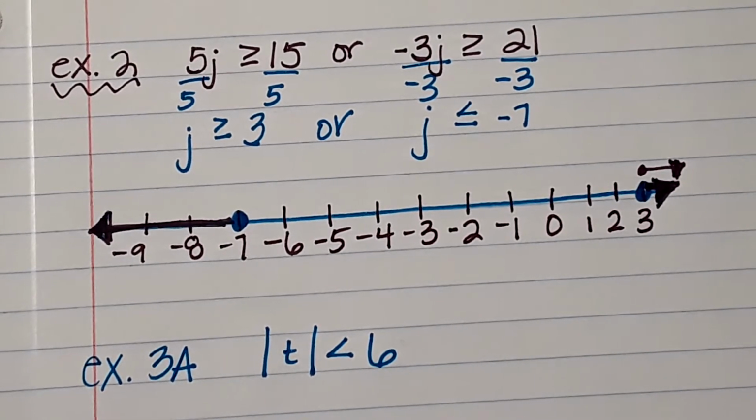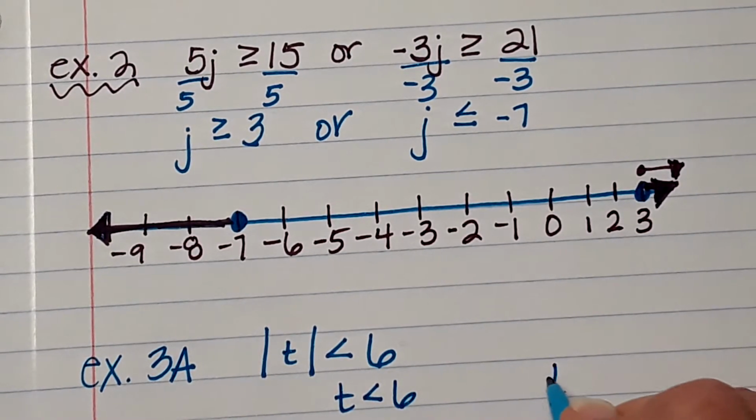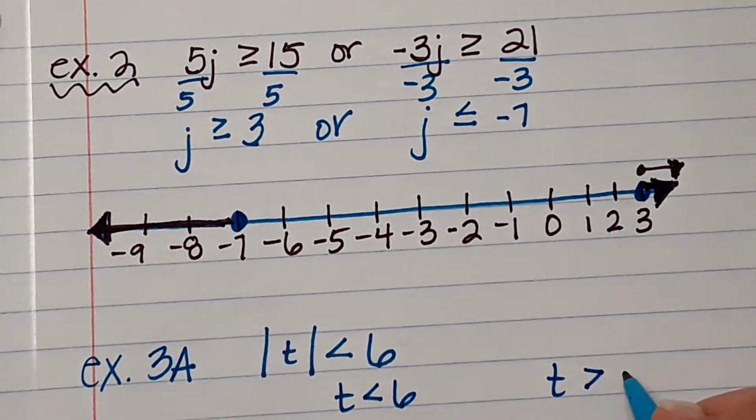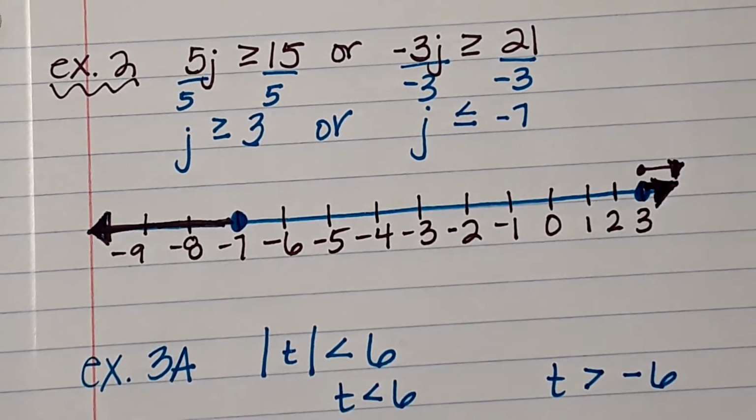We're going to set it up two ways. The first way, we would write t is less than 6, and then we would write t is greater than or equal to -6. And then we're going to graph them.